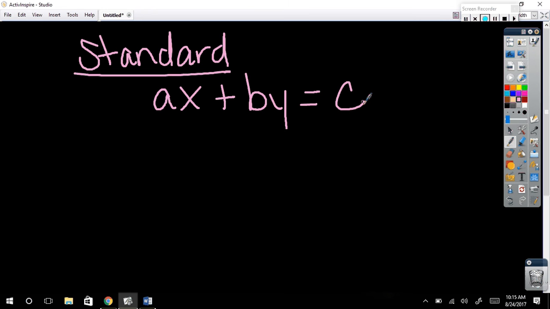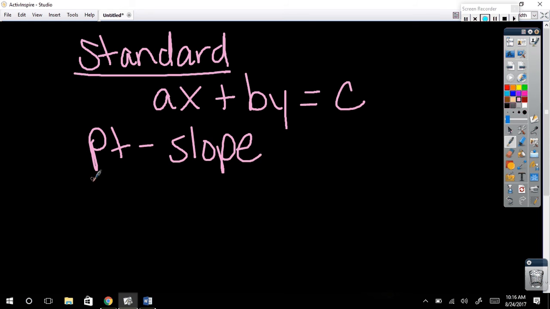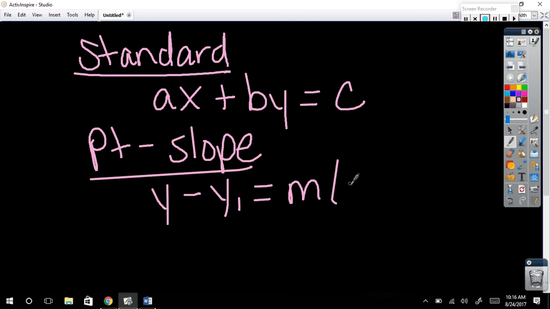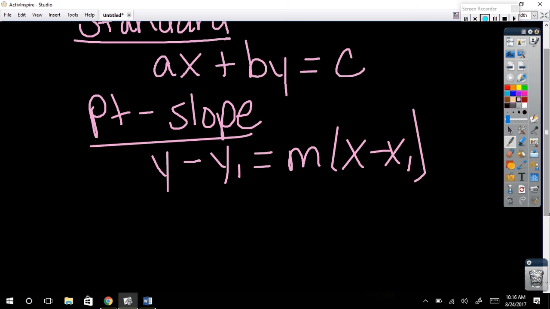AX plus BY equals C. What's another form? Point slope. Ariel, you are on it today. What's the third form we talked about? Slope-Intercept. That's everybody's favorite, right?